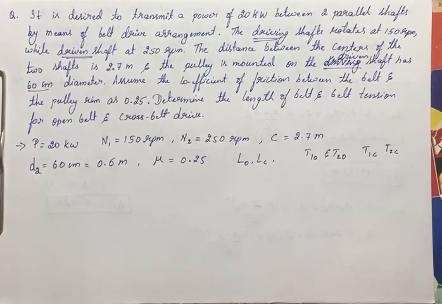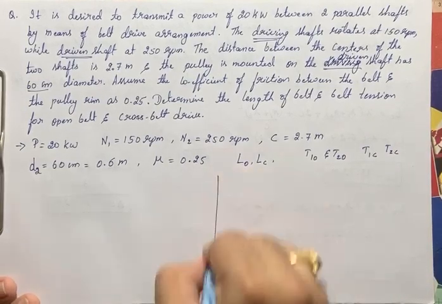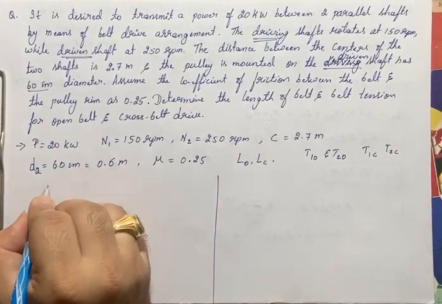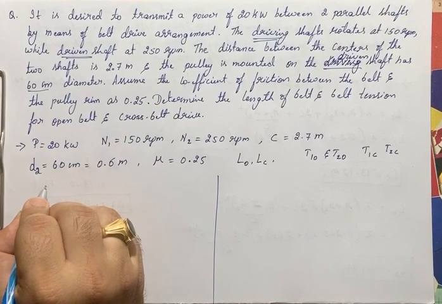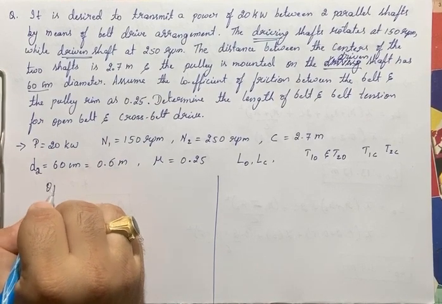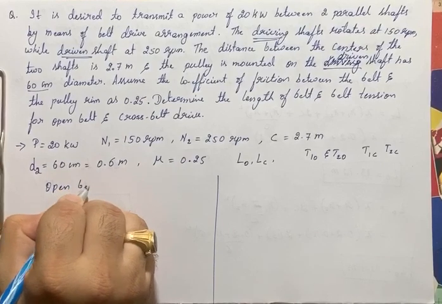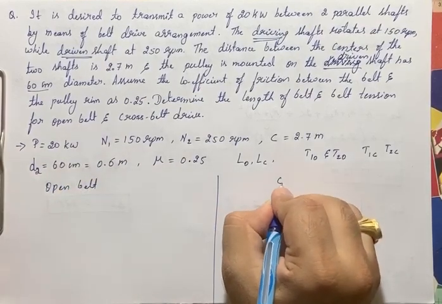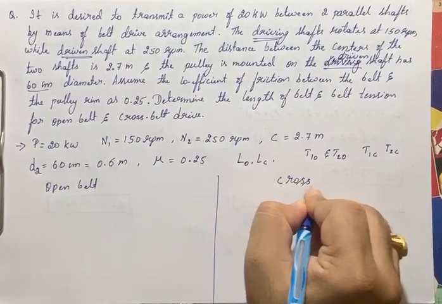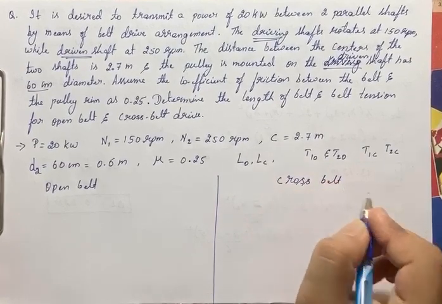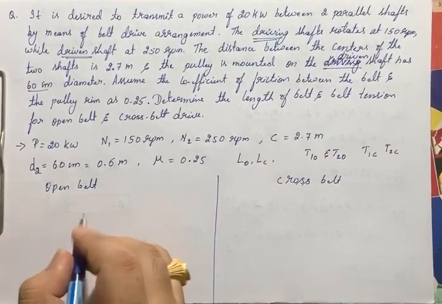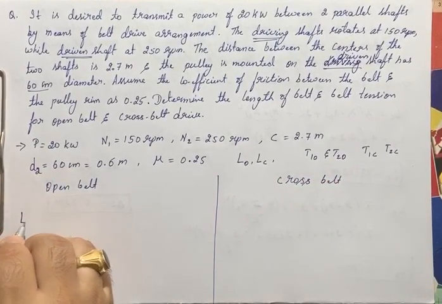So, I will divide this completely into two halves. Here on the left hand side, I will write for an open belt drive, and on the right, the cross belt. Now, what is the formula to find the length of an open belt drive?